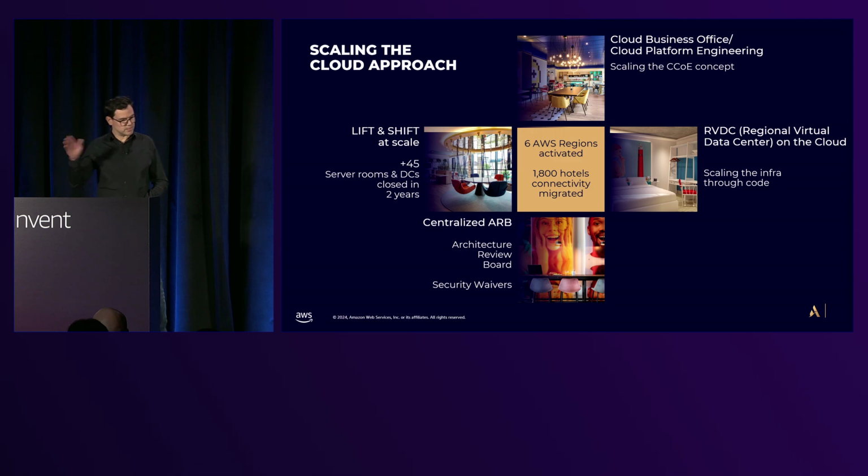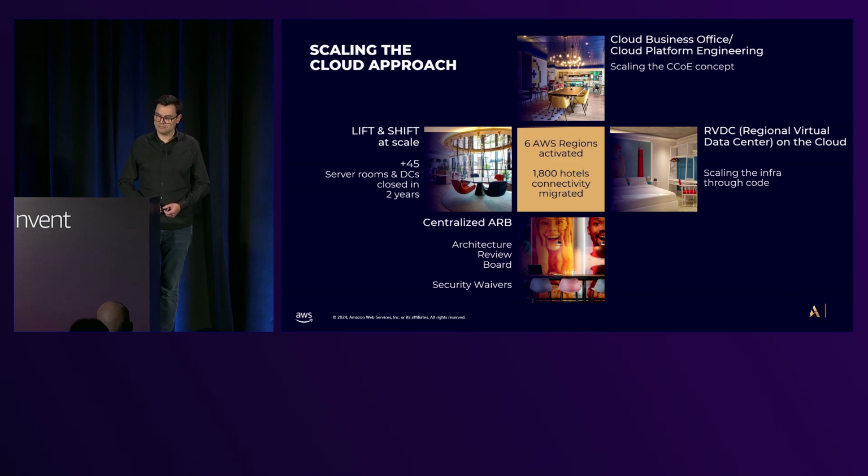So let's start horizontally on the technical part. It's a lift and shift where we have very different IT systems around the world. So more than 45 headquarters, head offices, server rooms, and multiple data centers that we need to migrate.